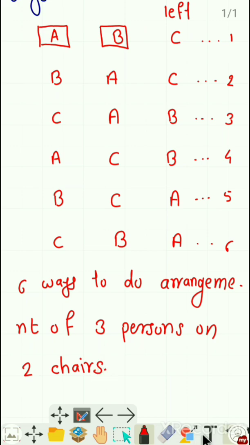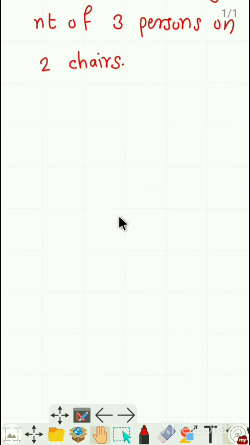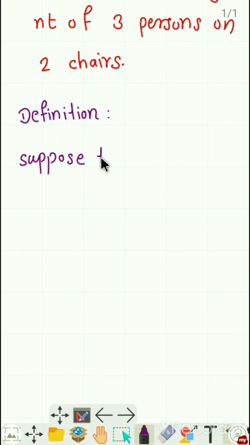Now let us see the important definition of permutation. Suppose there are n objects.